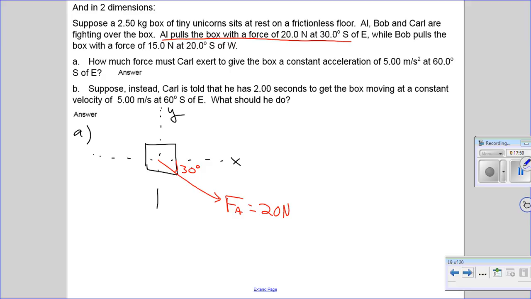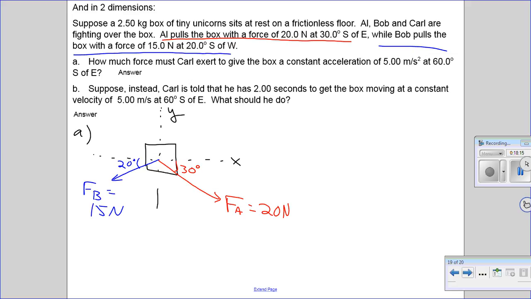Then it says Bob pulls the box with a force of 15 newtons at 20 degrees south of west, so kind of off this way. I should make that force a little shorter. Force of Bob is 15 newtons, and this angle in here is 20 degrees. Follow?